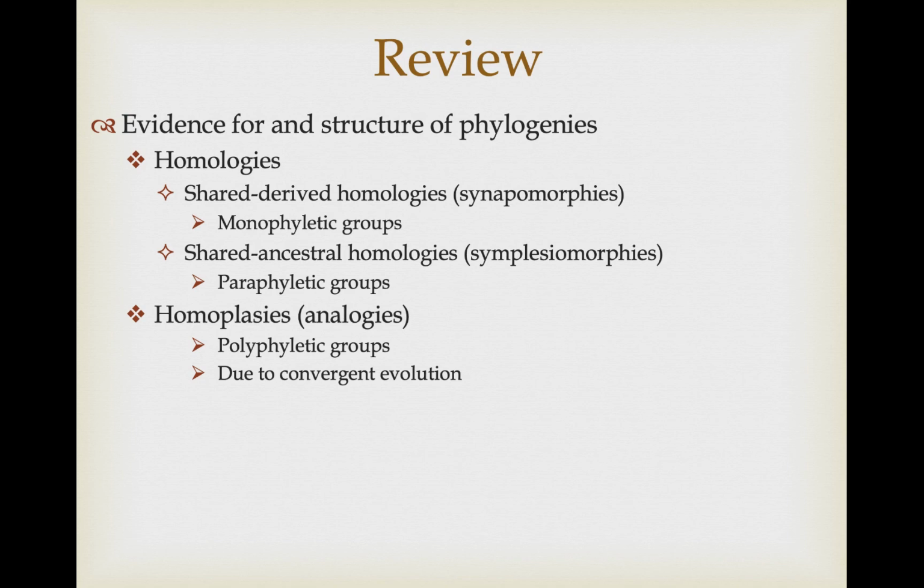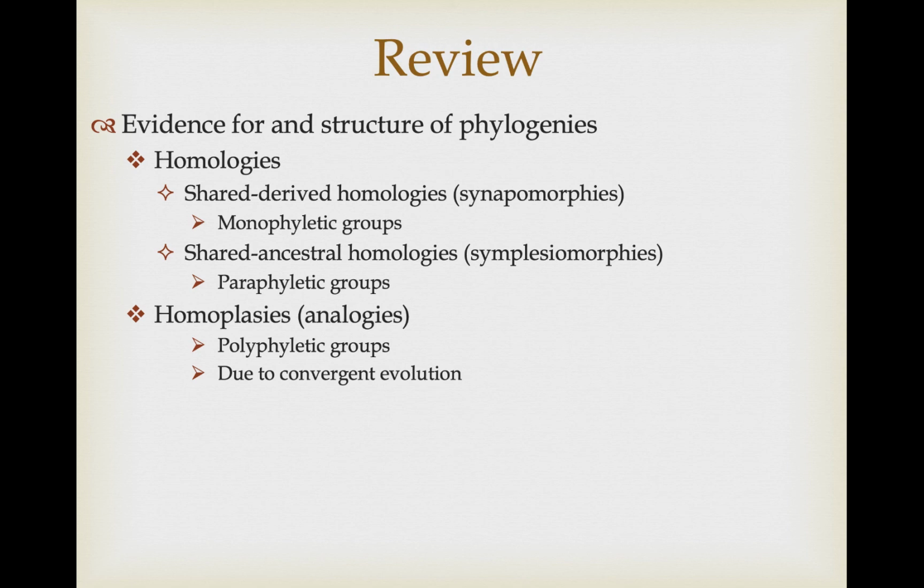Why are birds different in so many of their characters? Because of the symplesiomorphies that are found in non-avian reptiles. And why that sometimes leads us to, in the past, make paraphyletic groups.